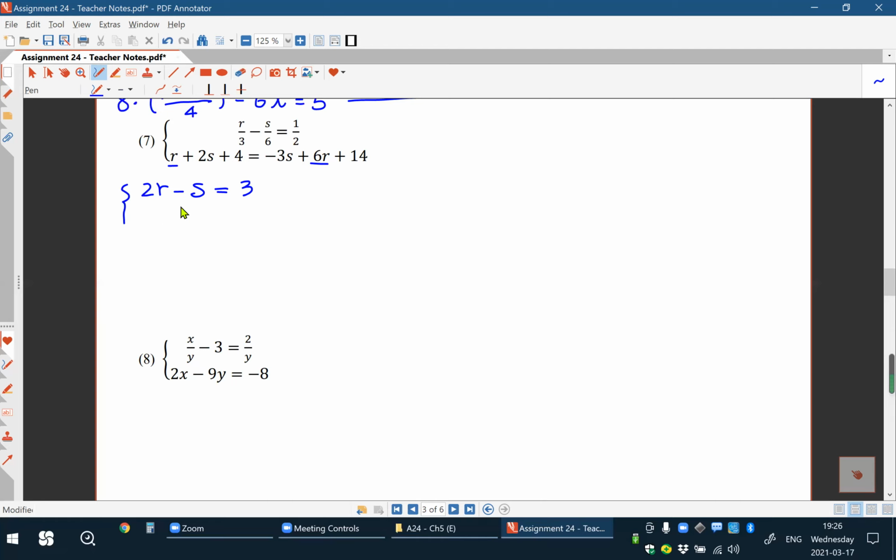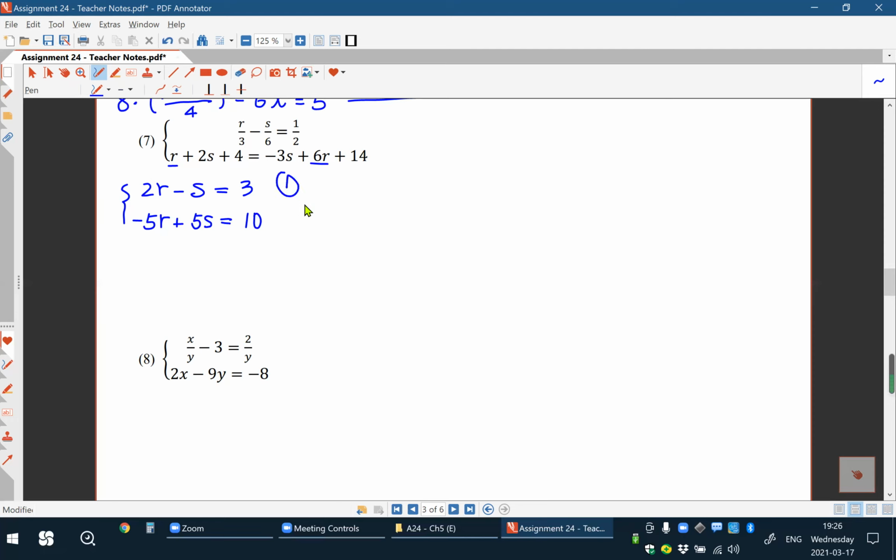And for the second equation, let's simplify this. r minus 6r gives you minus 5r, and plus 5s equals 14 minus 4, equals 10, right? So the original system is equivalent to the new system here. This looks neater, right?